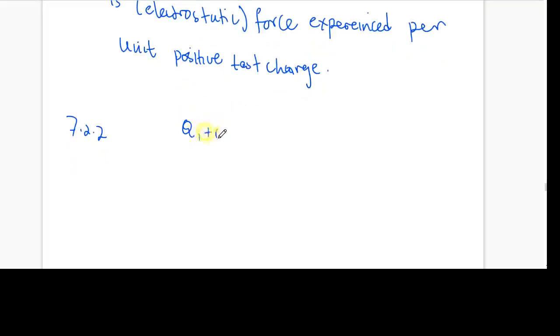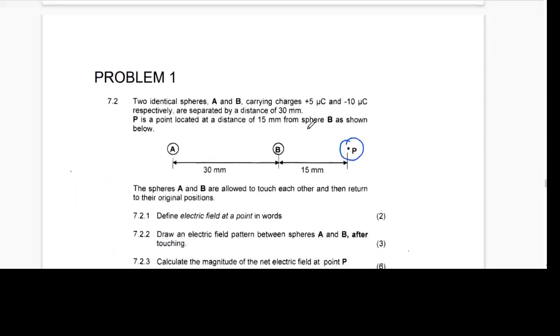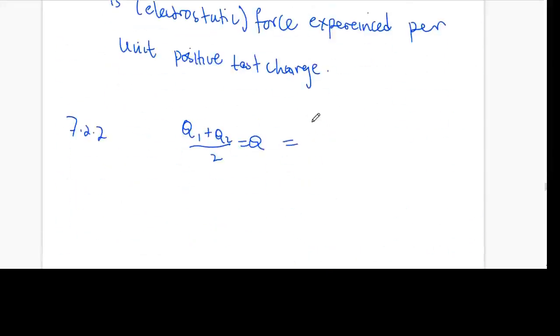So Q1 plus Q2 divided by 2 is equal to the final charge. Q1 is positive 5, so we have 5 plus negative 10, divided by 2. Let's see what is the charge on each sphere after contact. 5 minus 10 divided by 2 gives a charge of negative 2.5 microcoulomb on each sphere.